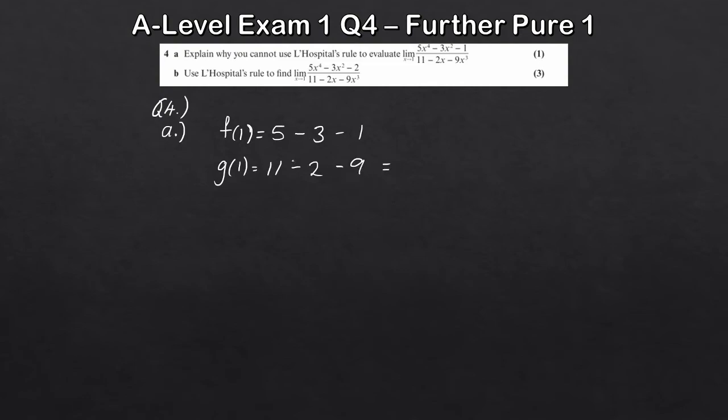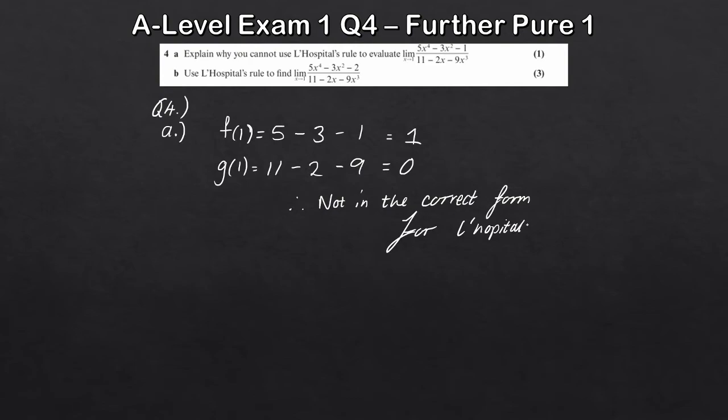So 11 minus 2 is 9, minus 9 gives us 0. 5 minus 3 minus 1 gives us 1. So here's the predicament. It's not in the correct form for L'Hopital's rule, because we require 0 over 0.